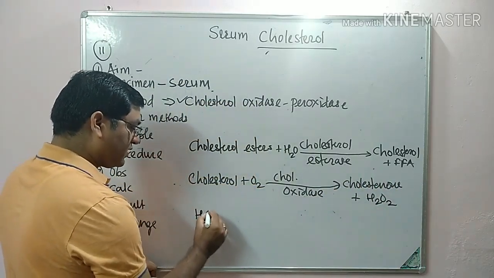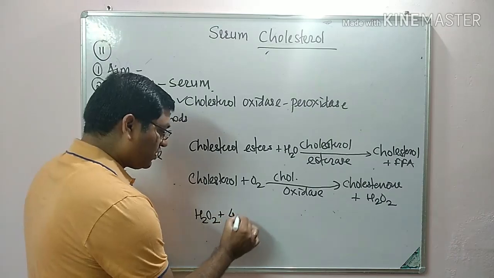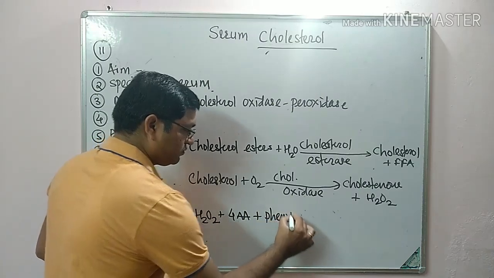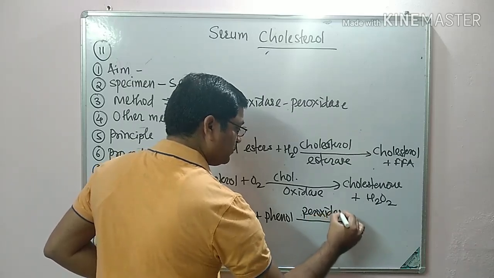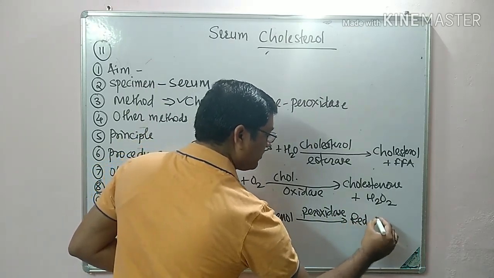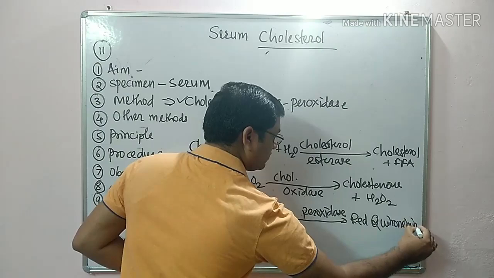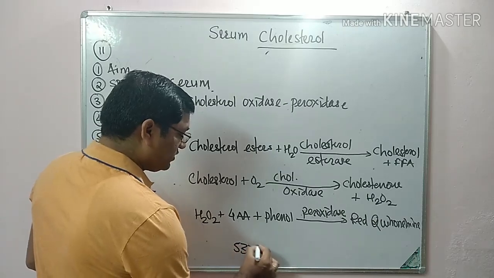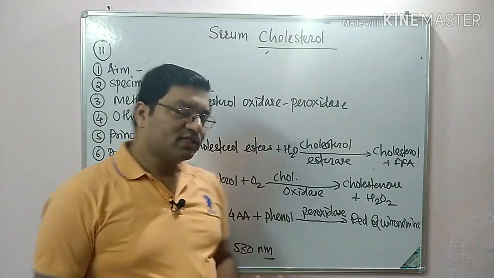This hydrogen peroxide combines with 4-amino antipyrine and phenol with the help of peroxidase enzyme. It gives red colored quinonimine dye, which is read colorimetrically at 530 nanometer. This is the principle of the cholesterol oxidase peroxidase method.